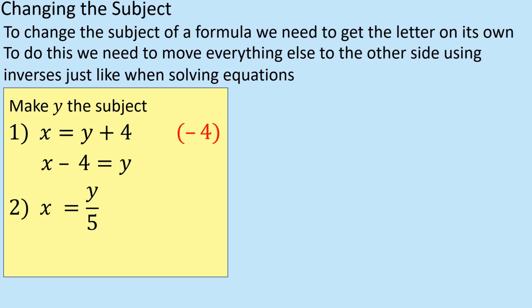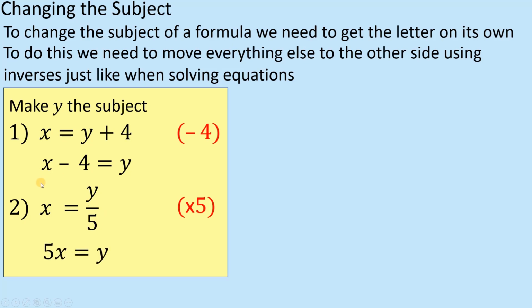Okay, so what about this one? Again, I'm trying to make y the subject. Currently y is divided by 5, and I've got x equals y divided by 5. Well, if I want to get y on its own, then I need to inverse what has currently happened to it, which is divide by 5. So therefore I need to times it by 5. That 5 will go to the other side and times, so it kind of comes to the top, and then that 5 will disappear.